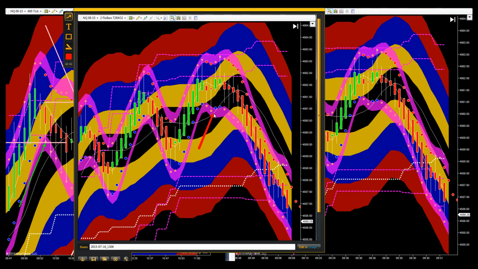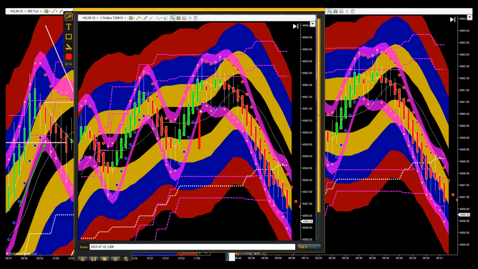Then as we continue to push up here, you notice the dots are coming back to the solid white line, and they're falling below the white solid line. That's an indication of weak dots.